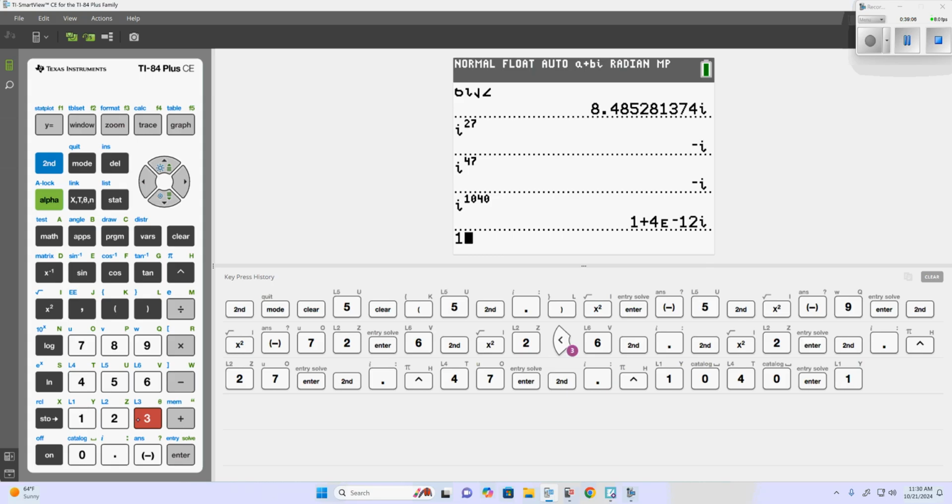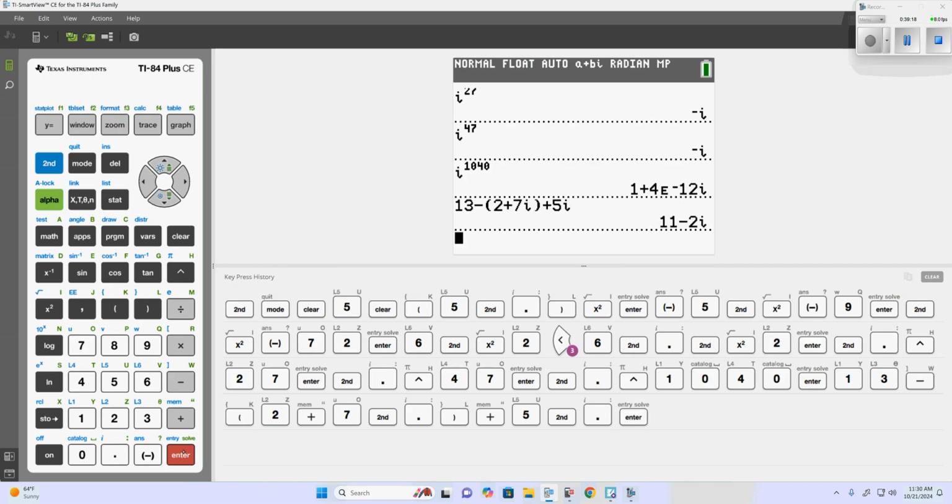So the last one was 13 minus, what was it, 2? 13 minus parentheses plus 7 in parentheses plus 5i. Use the graphing calculator, yes.